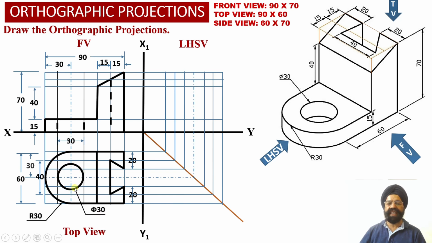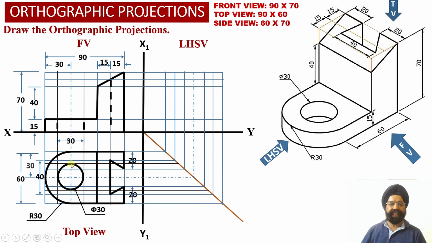This is the circular hole which we have marked appropriately into the top view projections. So this surface which we have been able to obtain into the top view projection is the true shape projection.